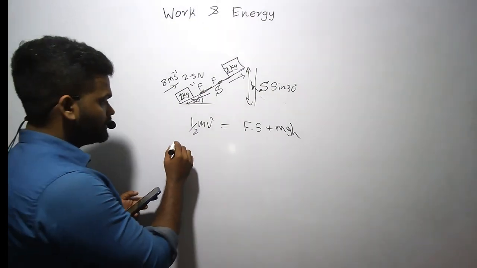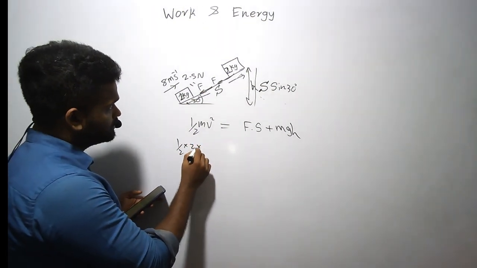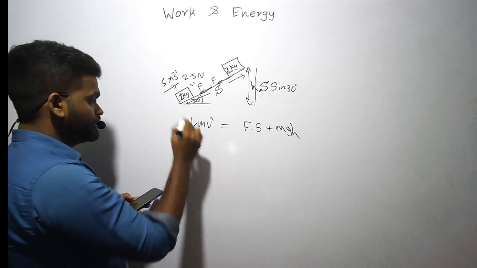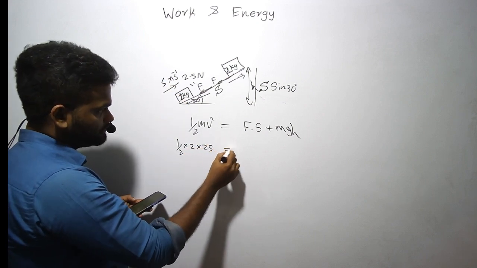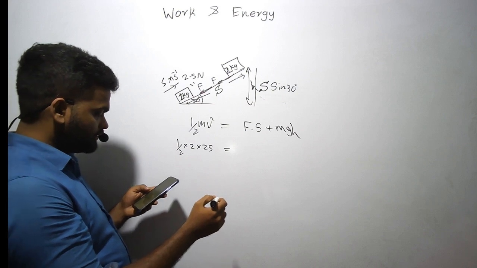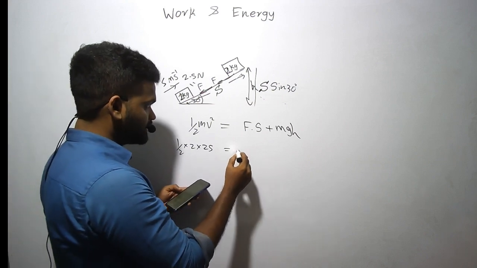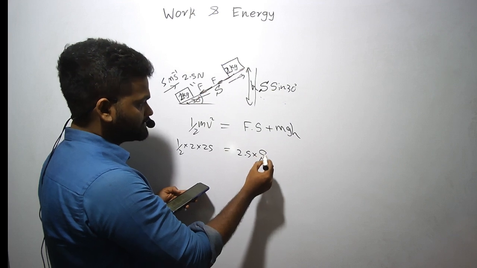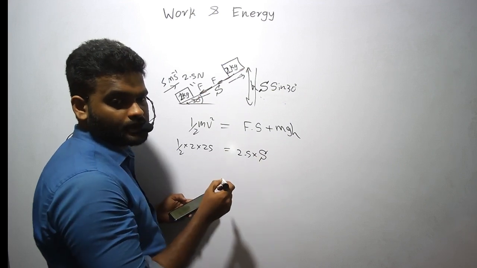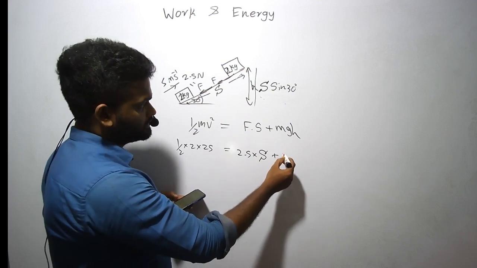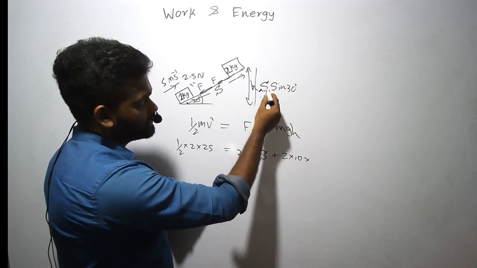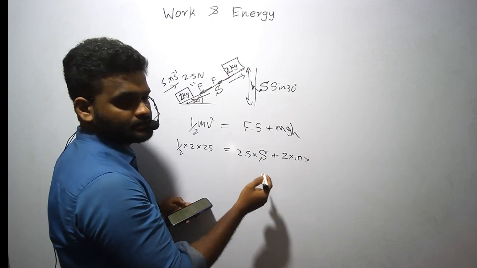Okay, half, mass is 2, velocity is what? 5. Velocity is 5, right? 25, 5 squared. Force friction is 2.5. Distance it traveled is s, right? That is what you need to find. Plus mass is 2, g 10, h is what? s sine 30.